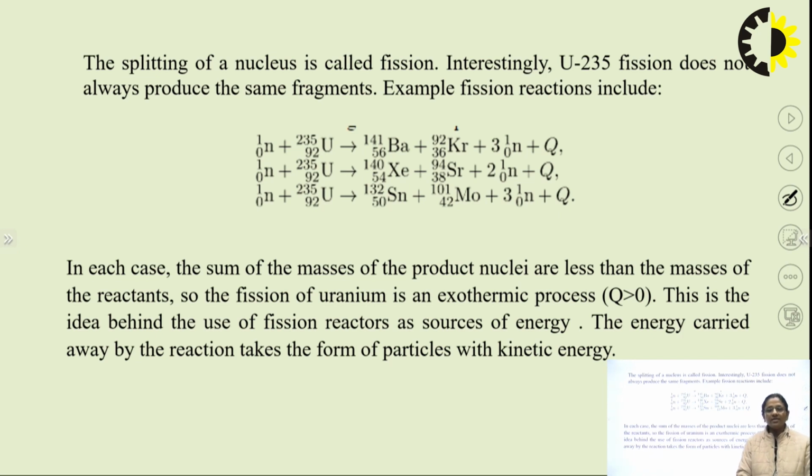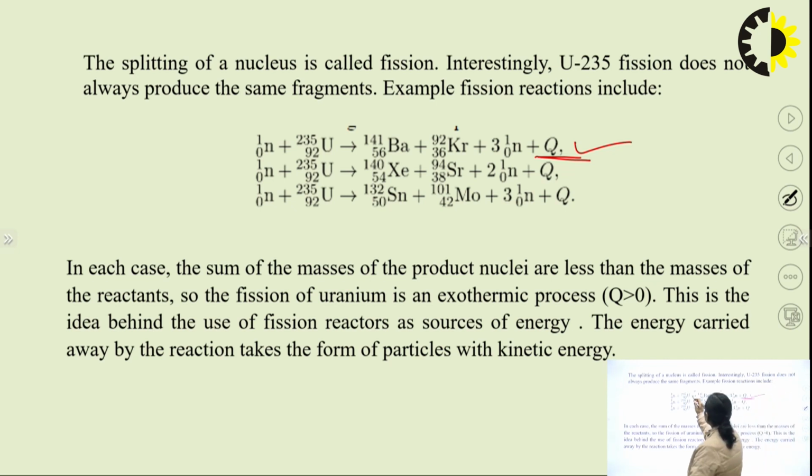Now, it is very interesting to know that uranium-235 fission does not always produce the same fragments. Certain other examples of uranium-235 fission are shown over here. One which we have already shown. Q is showing the energy released in the process.